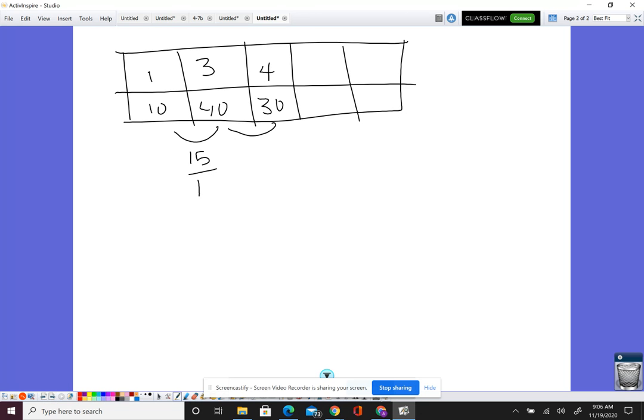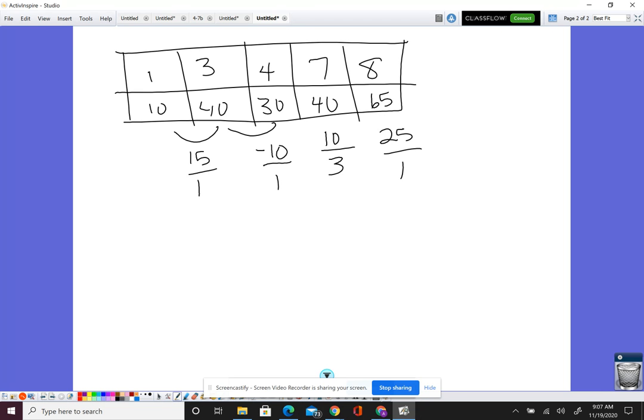So when I calculate the rate of change here, it's going to be negative 10 because it's going down by 10. This one, it's going up by 10, but our x's are changing by 3. And the next one is going up by 25.